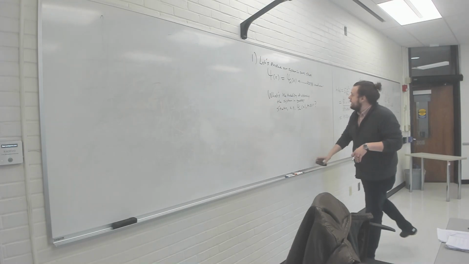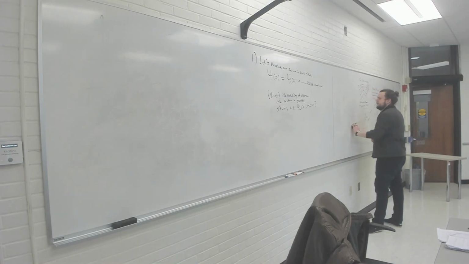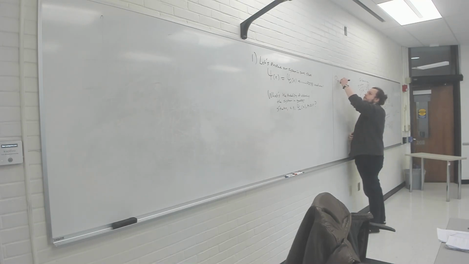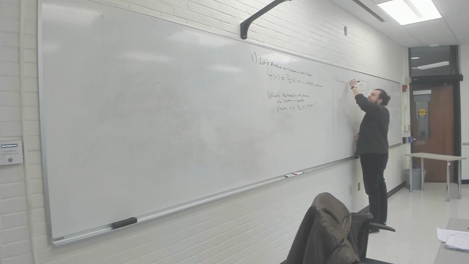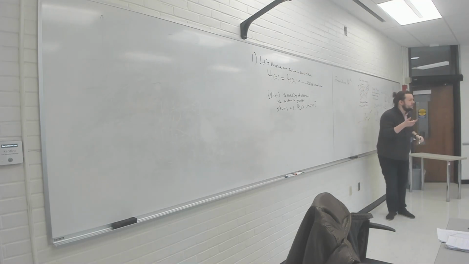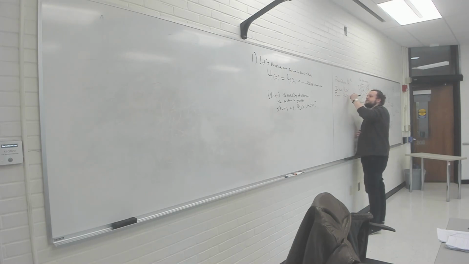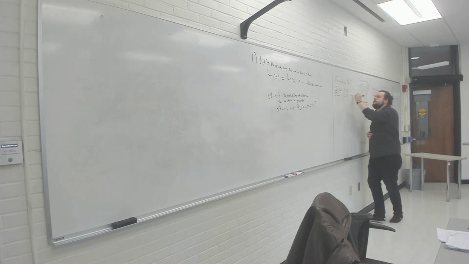So let's calculate that. Remember that probability is proportional to psi squared. So what's the probability of preparing the system? The initial wave function is psi n of x, and the final is some new wave function psi m of x, n not equal to m.